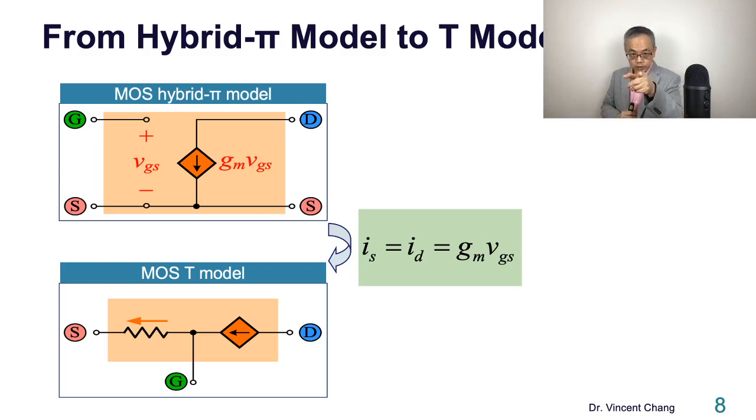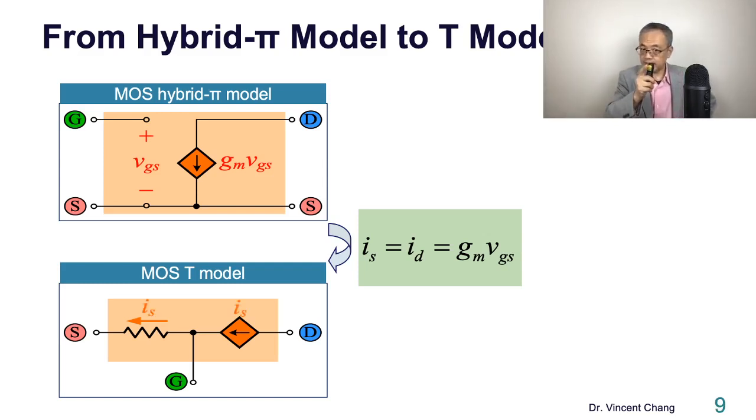Look at the first equal sign. IS equals ID. Any problem? Why? Because there's no gate current. Gate current is 0. Look at the model and pay attention. ID is now equal to IS.